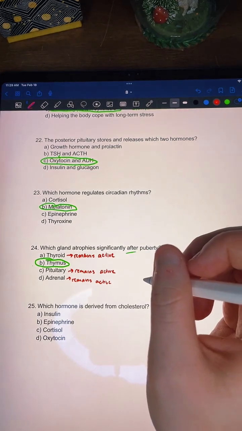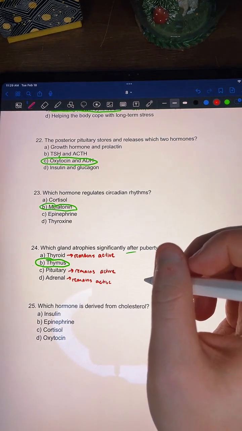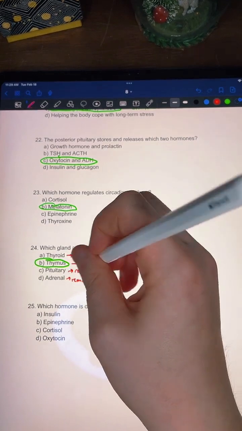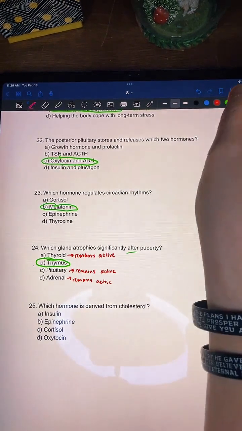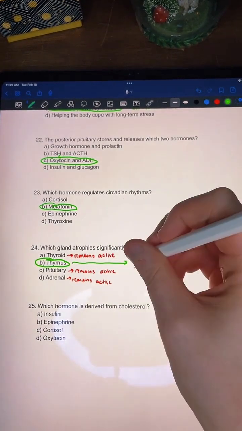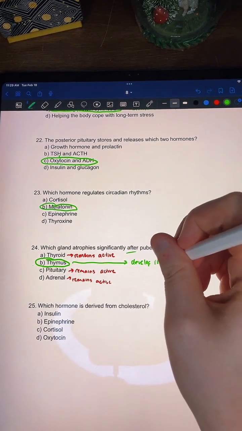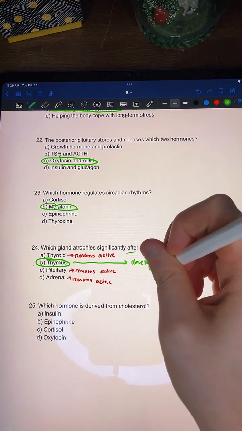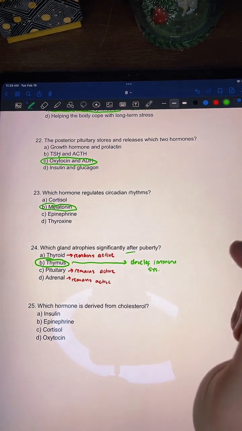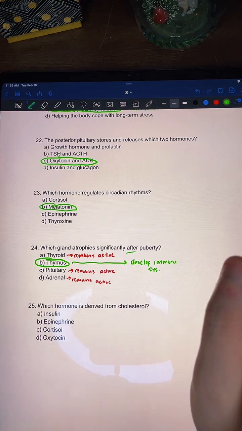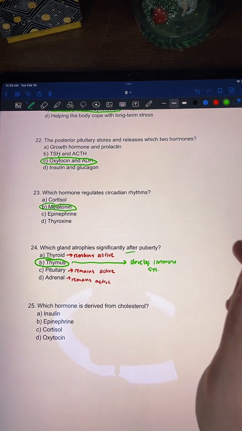But the thymus gland is responsible for developing the immune system, producing T cells and such.